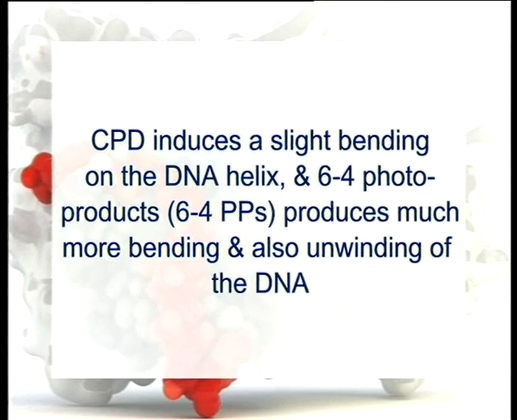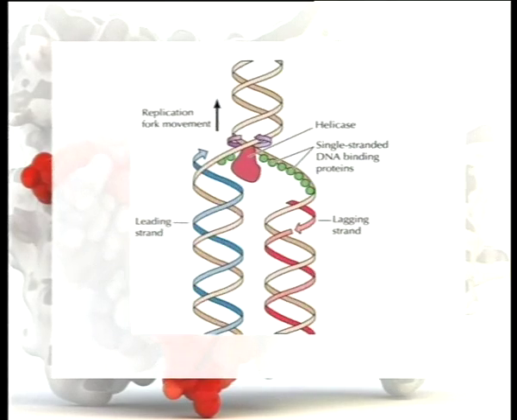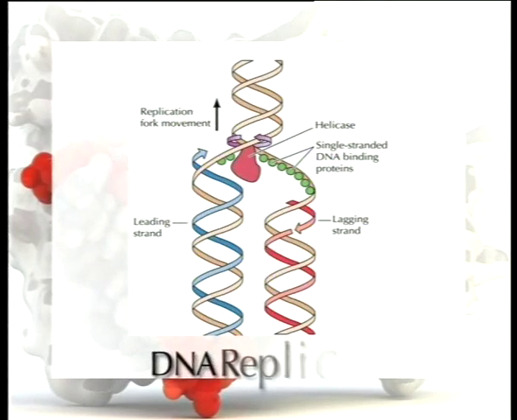The cyclobutane pyrimidine dimers and 6,4 photoproducts produce different types of structural distortions within DNA. The cyclobutane pyrimidine dimers induce a slight bending of the DNA helix, and 6,4 photoproducts produce much more bending and also unwinding of the DNA. These lesions inhibit DNA replication and transcription and also promote mutagenesis.